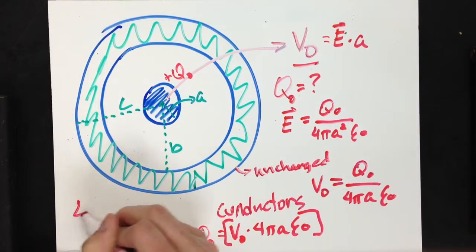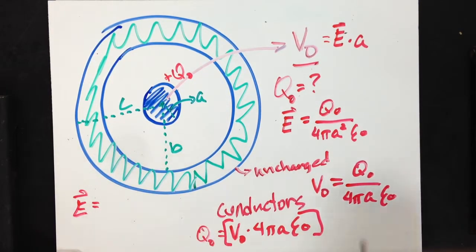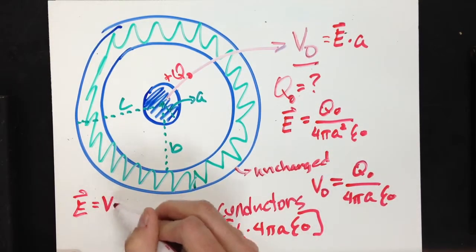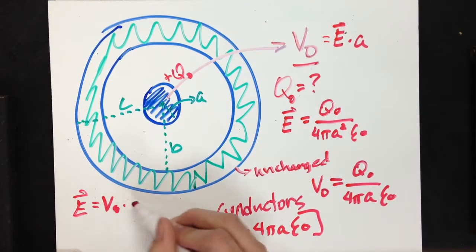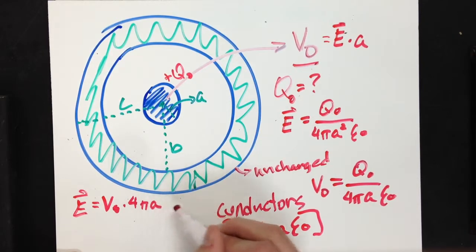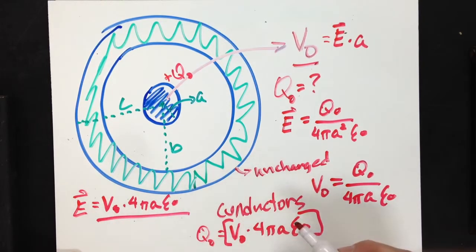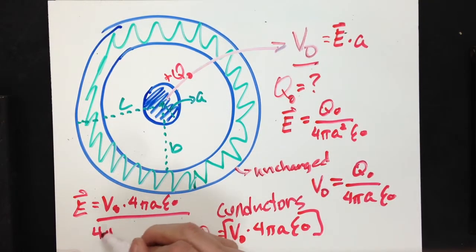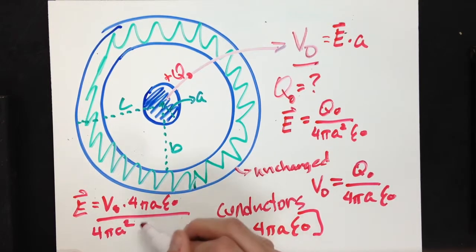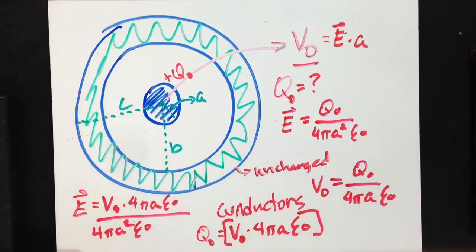My electric field would then become V naught times 4 pi A epsilon naught, all over 4 pi A squared epsilon naught. My electric field would then become V naught over A at that particular surface.